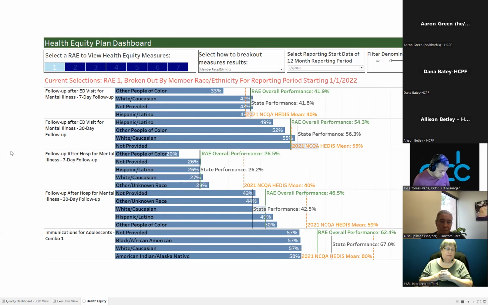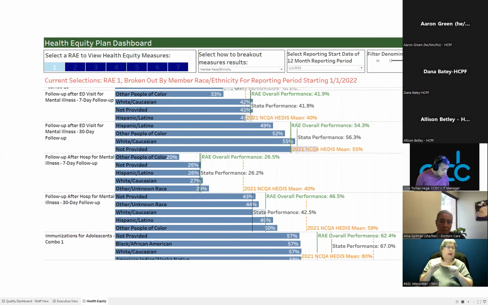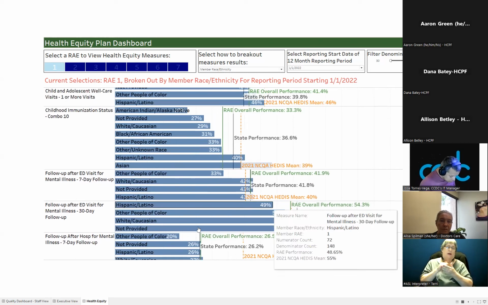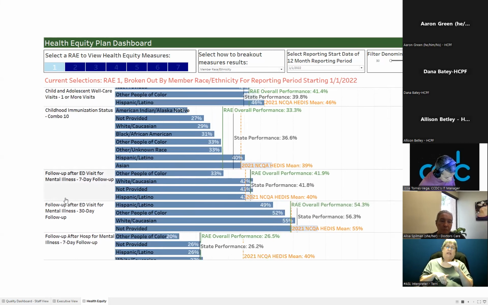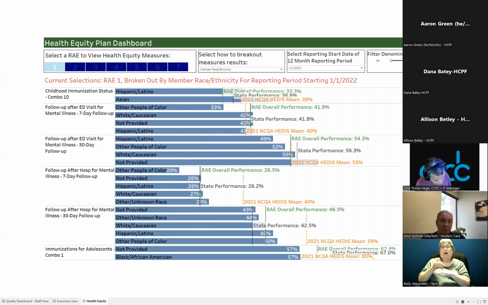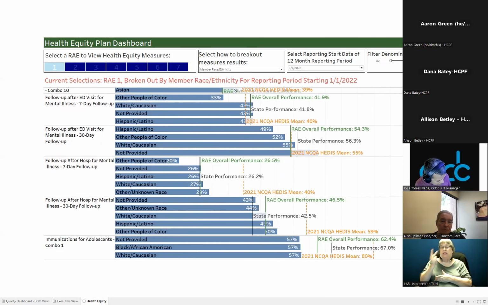You might notice that we have fewer race ethnicity groups for these measures. That's likely coming from that denominator count, so they're likely just not over 30 members. You might see different groupings as you scroll through each measure since they have different criteria.